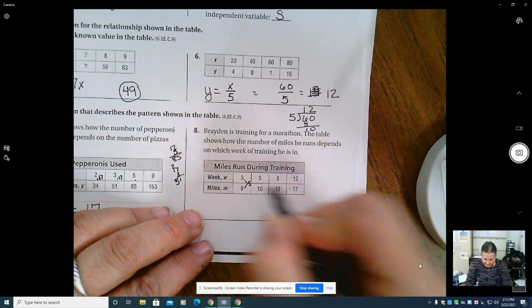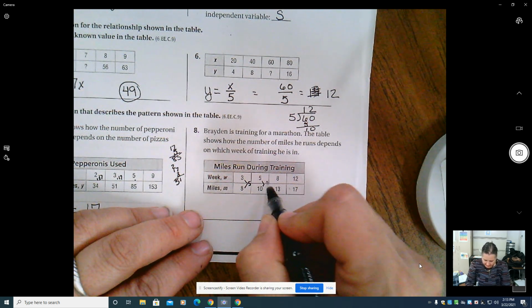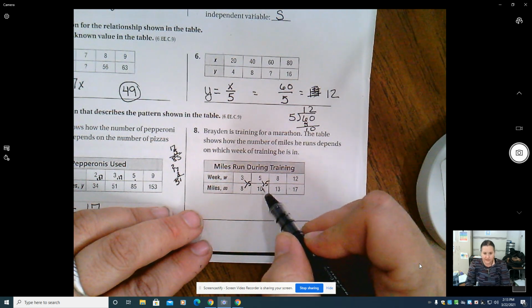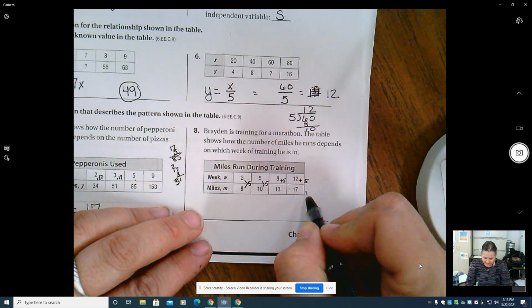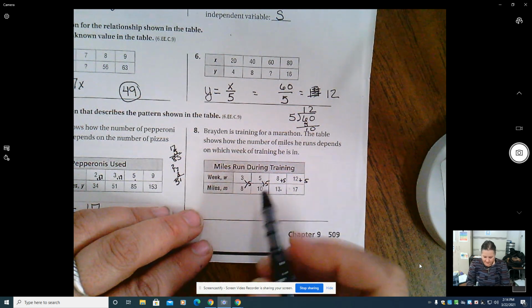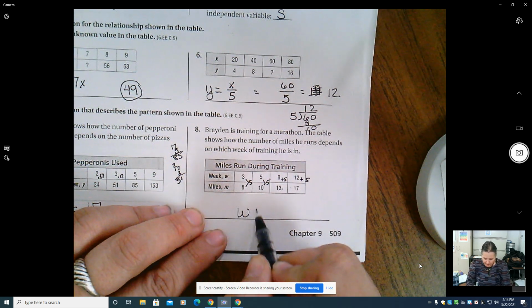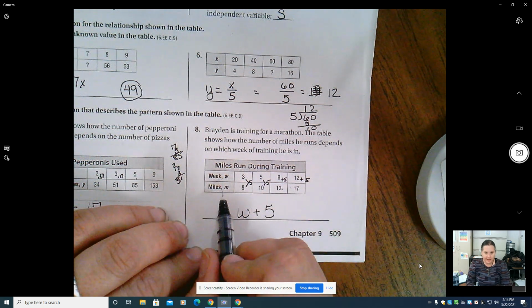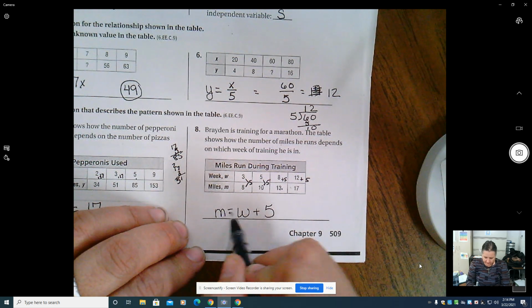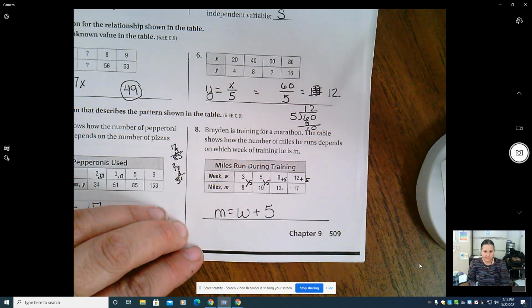So I added 5 here, and then I noticed I did add 5 here. From 5 plus 5 is 10. 8 plus 5 is 13, and 12 plus 5 is 17. So I realized I was taking my W and just adding 5. And that is how I could determine the M in miles. So that is an equation that we can write for that one.